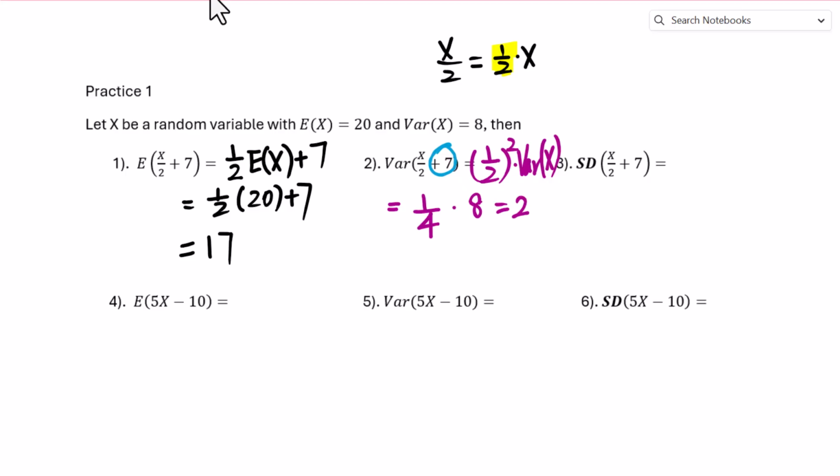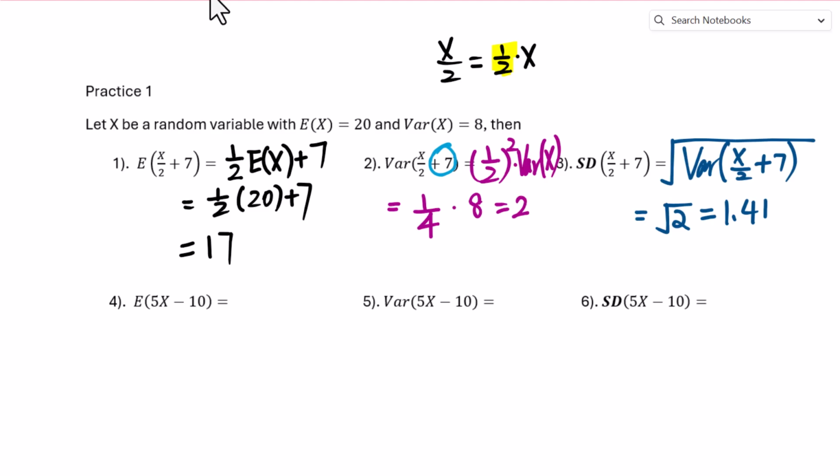Question 3. Standard deviation of X over 2 plus 7 equals square root variance of X over 2 plus 7 equals square root of 2, or 1.41 to 3 sig figs.